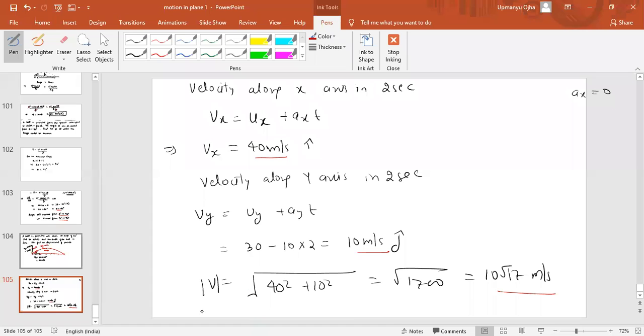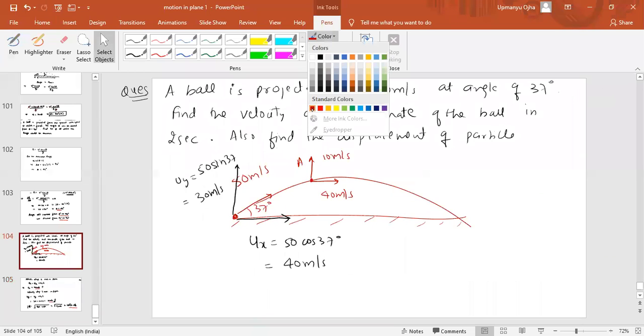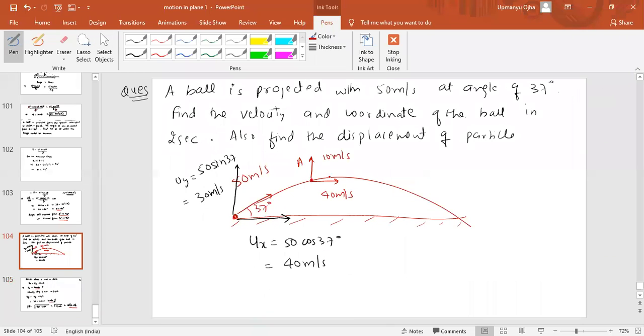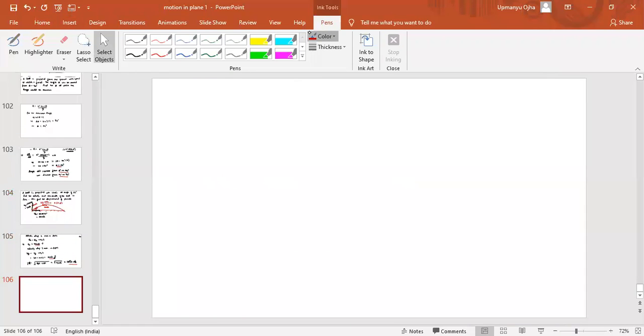Next, we have to find the position of the particle. Let us suppose the coordinate of point A is x comma y. That is the position of the particle. How to find the position? Again we use the equation of motion.